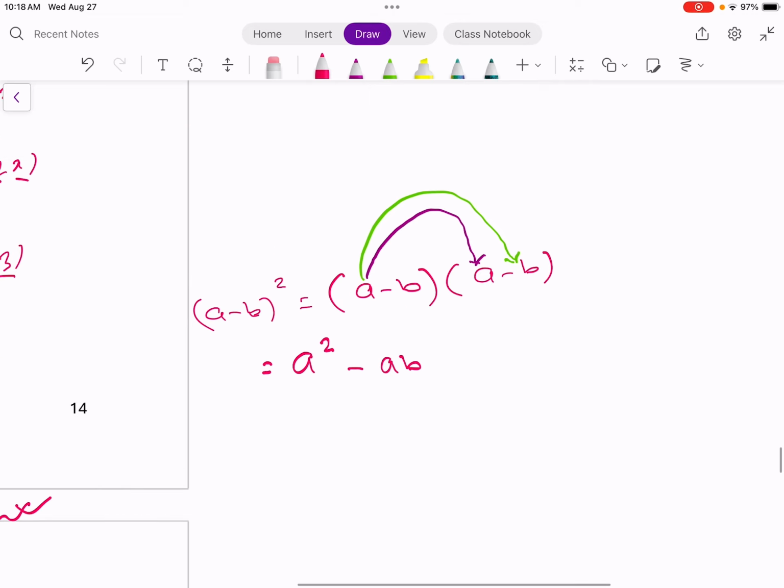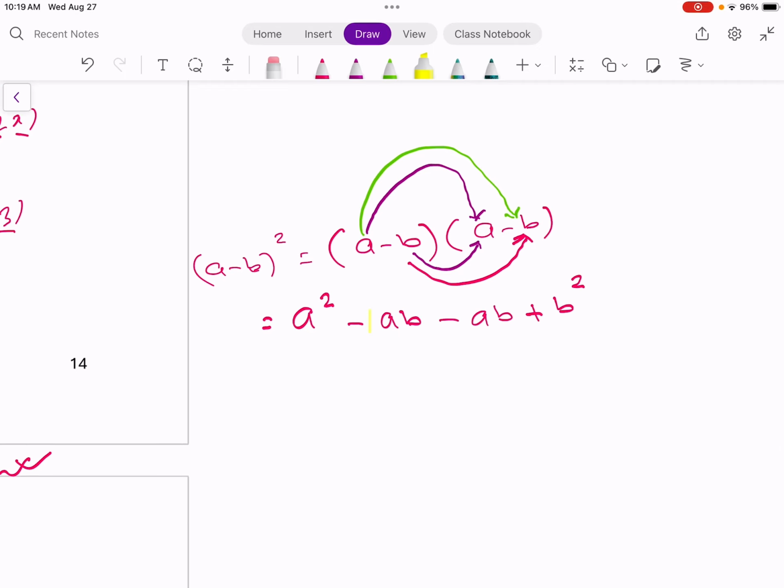Now we multiply inside terms. So the inside terms are negative b and positive a. Negative b times positive a is negative ab, and at last we multiply the last terms, so the last terms are negative b times negative b, and that is positive b square.